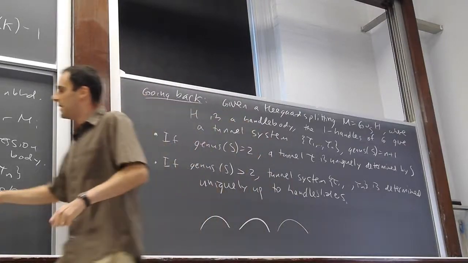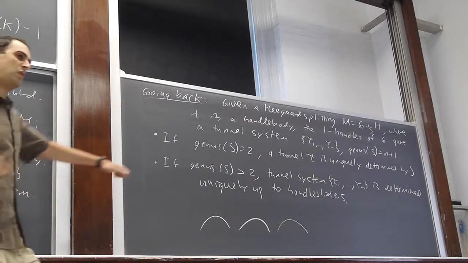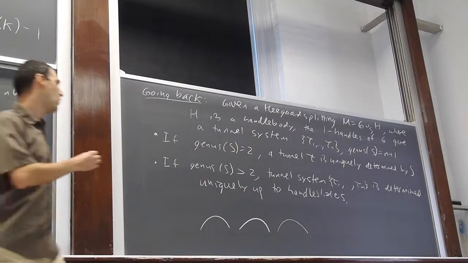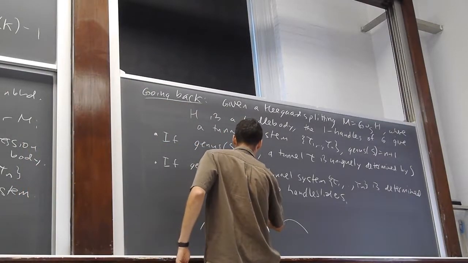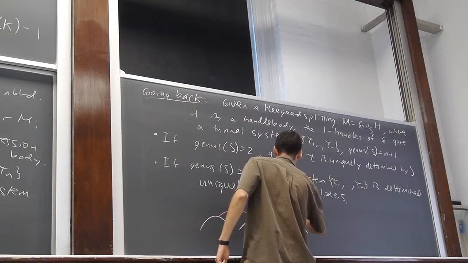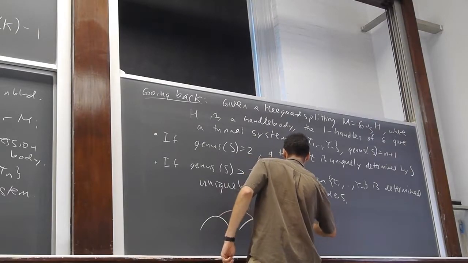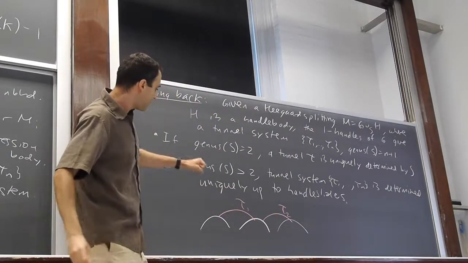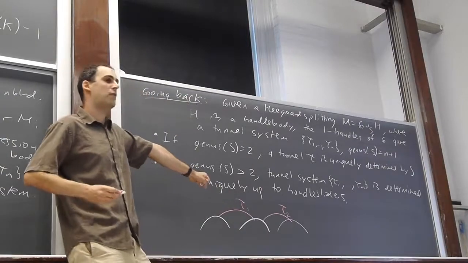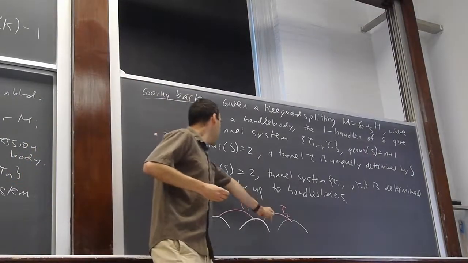What's a handle slide? It's one of these moves where you slide a handle over another handle. So here's one unknotting tunnel, here's another unknotting tunnel. And we're thinking about the surface that you get when you take this graph and thicken it.